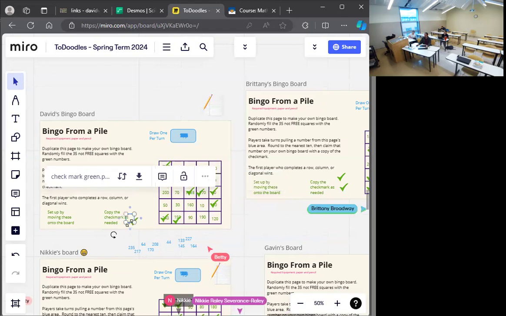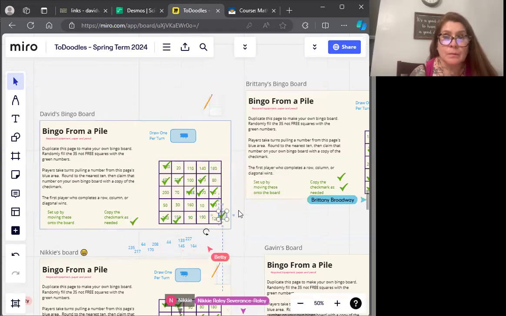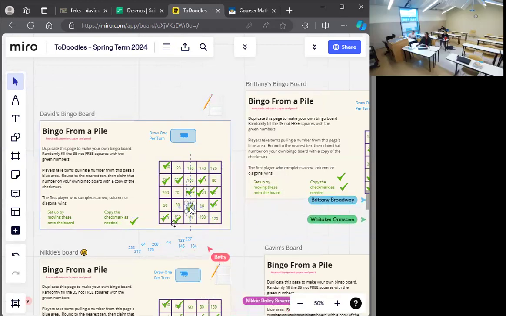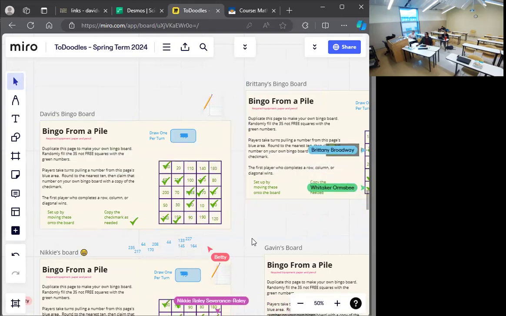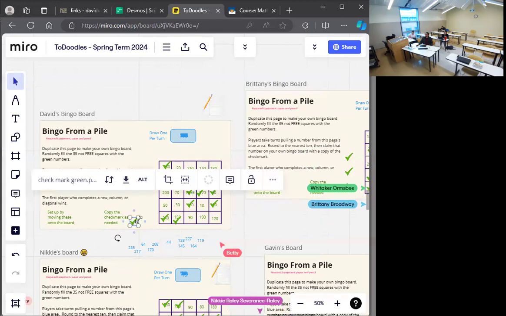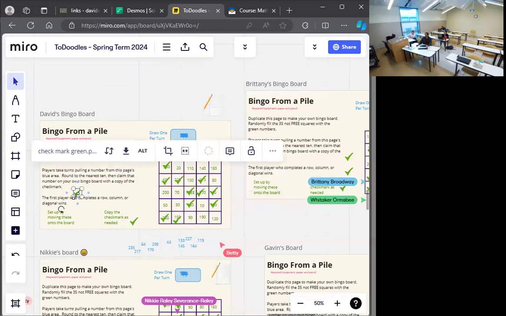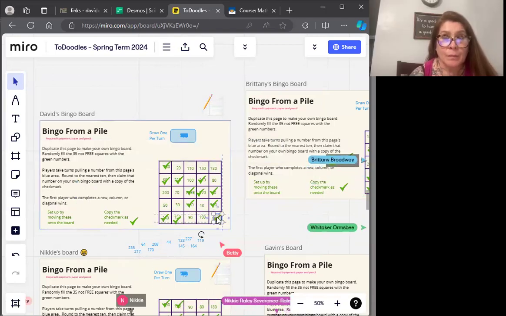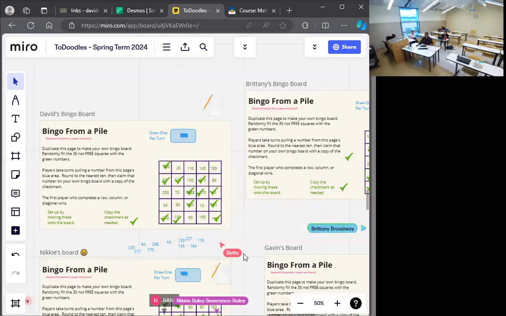How does that round? 160. 119. How does that one round to the nearest 10? 120. Oh, I'm getting close with the diagonal.